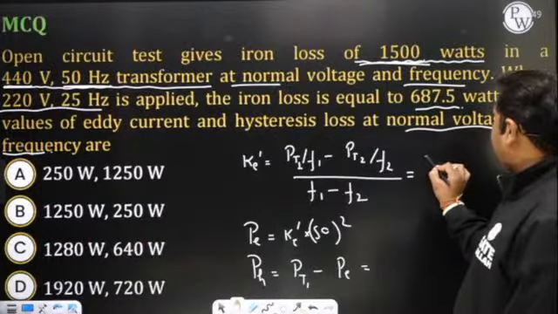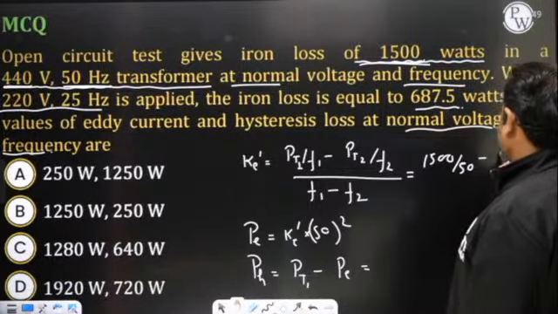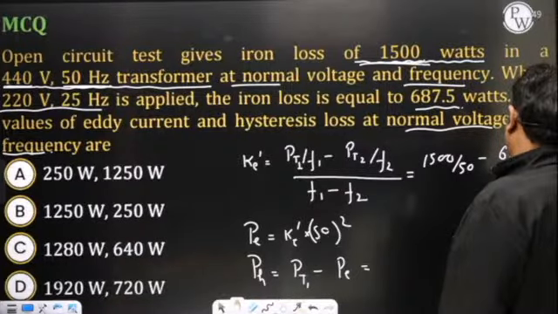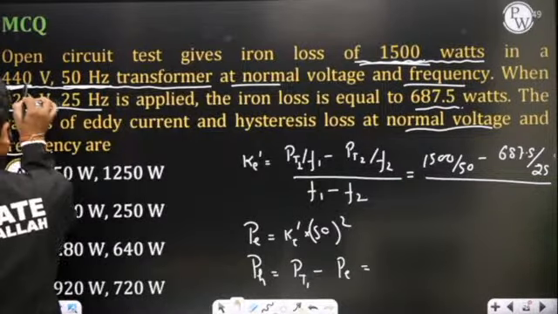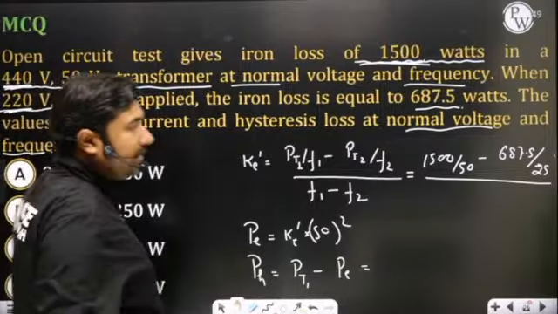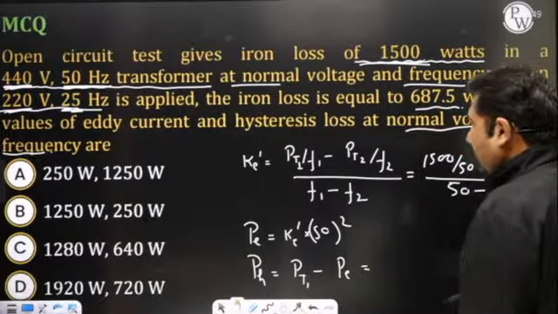It is very easy to solve: 1500 by 50 minus 687.5 by 25. How do I know the V by F ratio is constant? Previously it is 440 by 50 and now it is 220 by 25. Both are reduced by half, so the V by F ratio is constant. Is it okay? Yes, sir.